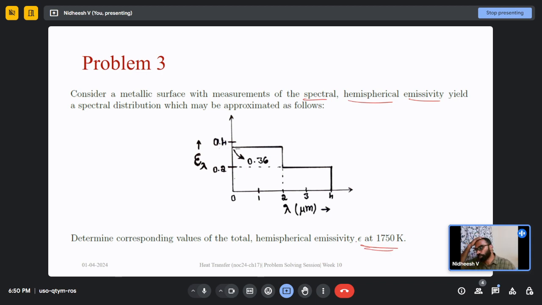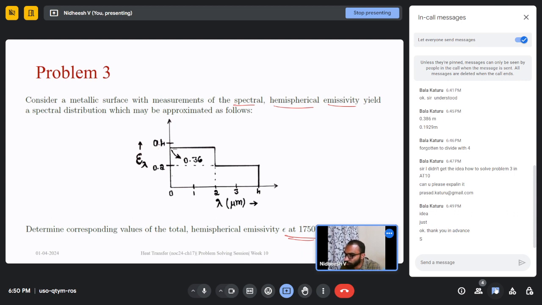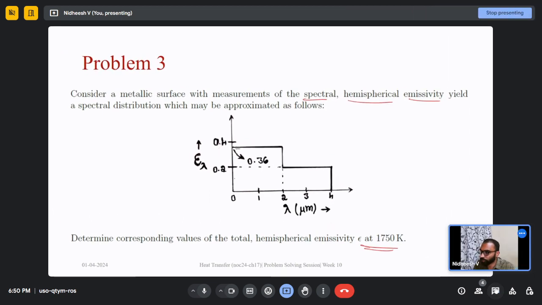Have you previously seen problems like this during the lectures, where you are given a spectral distribution of emissivity and asked to find the total emissivity? I don't know if the professor had already explained it.